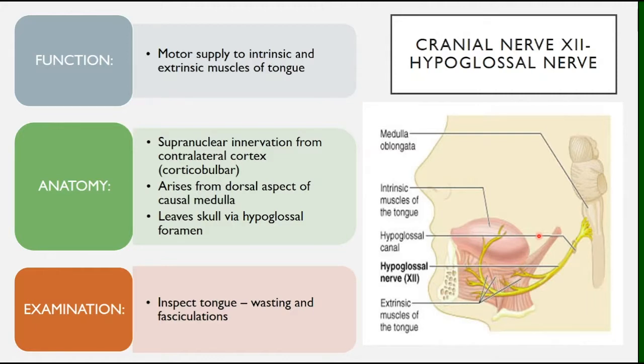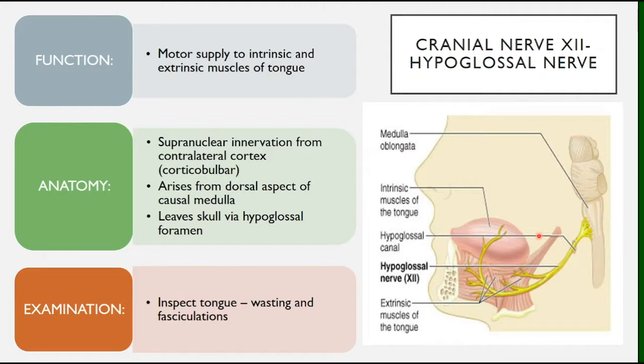So hypoglossal nerve, again you need to differentiate between the upper motor and lower motor neuron lesions. Upper motor, it's actually corticobulbar, so it's crossed. Okay, so then the tongue would deviate opposite to the side of the lesion with upper motor. Make sense?